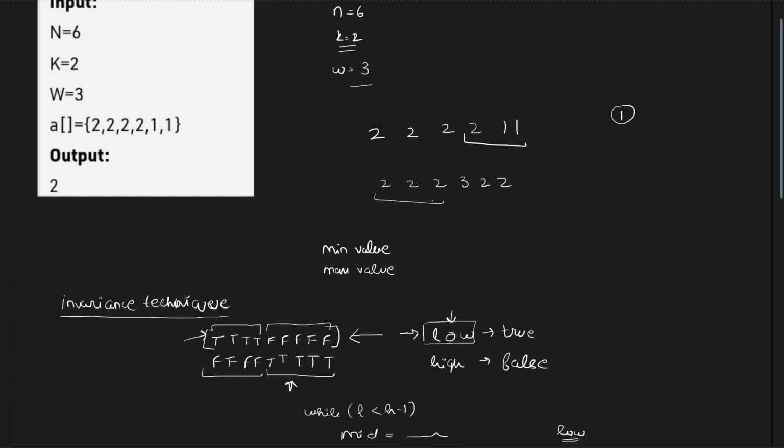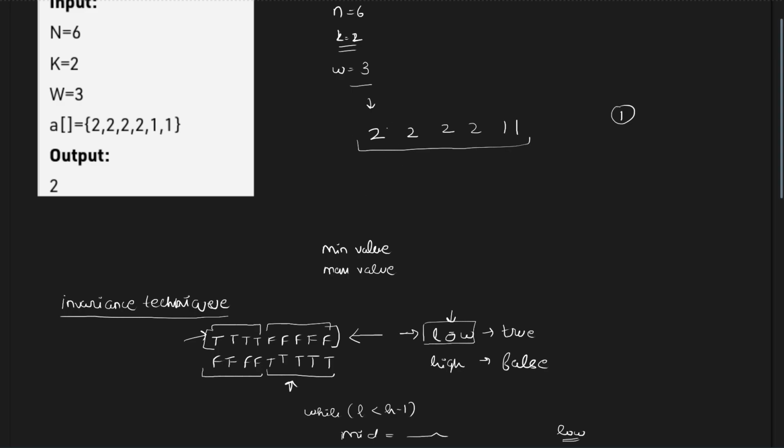A basic idea would be to go through from the starting. For example, the value of mid, let's say, is 3, right? So if we want to make the height of all these plants at least 3, for this particular plant I will have to water it for 1 day, right?